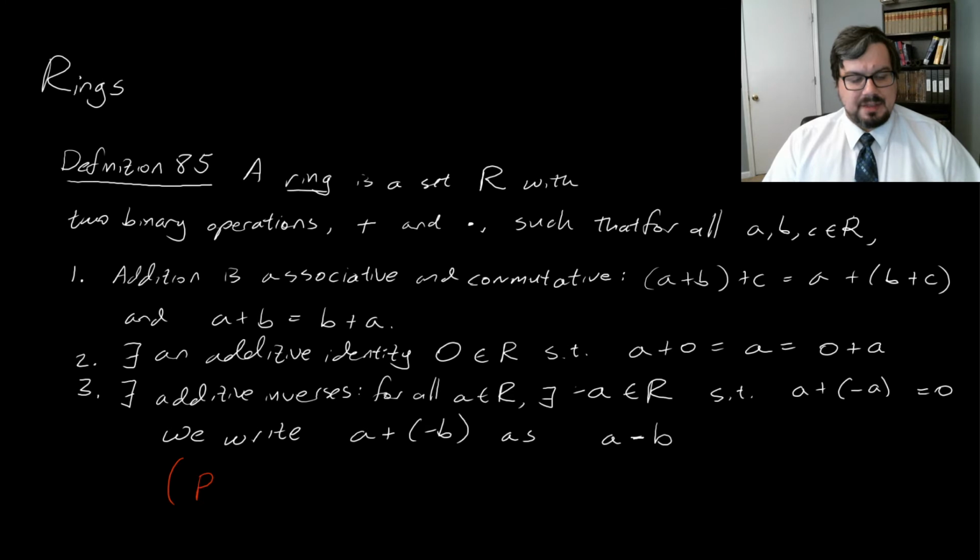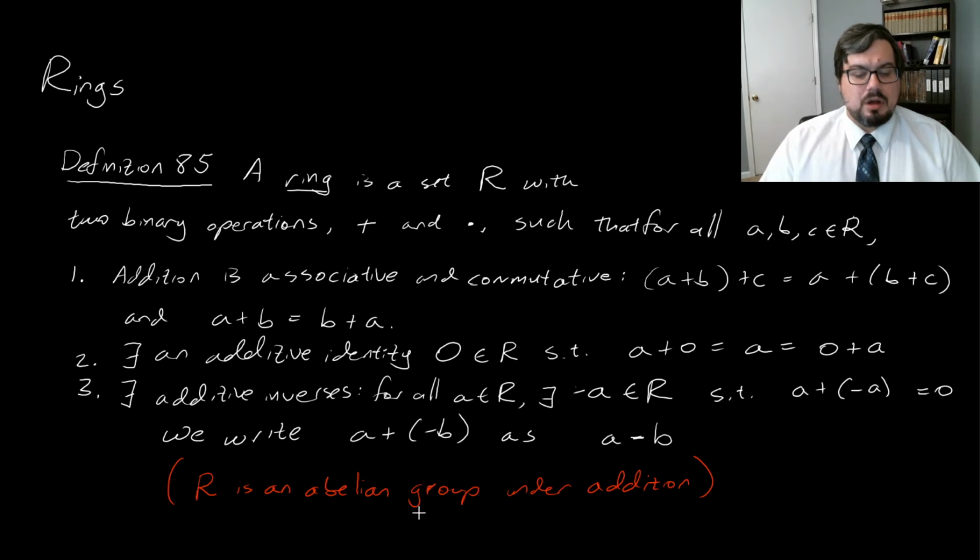This means that R is an abelian group under addition. Now, as we're going to see, rings do not need to be groups under multiplication, not at all. But every ring is an abelian group under addition.